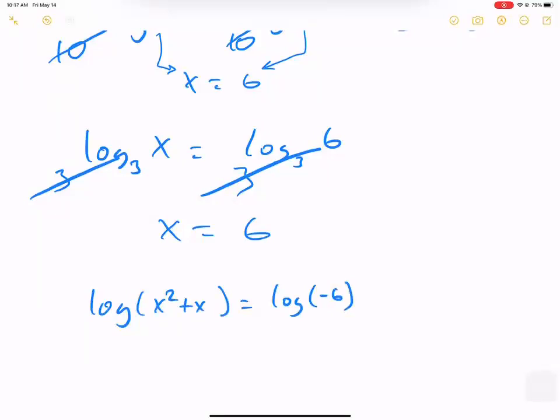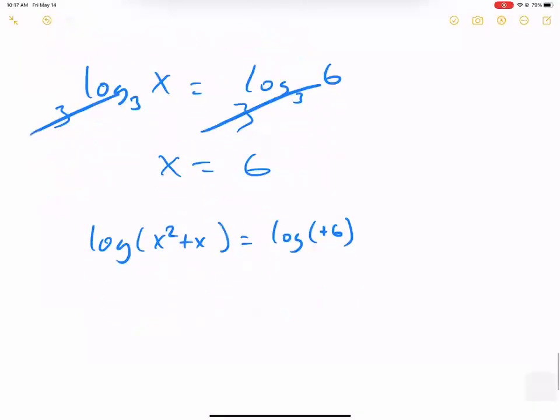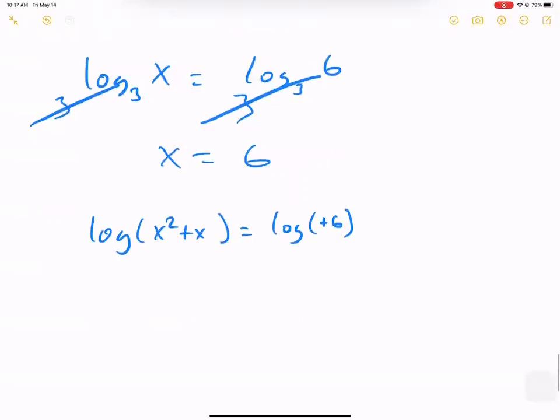Oh no, sorry, positive 6. Sorry, positive 6. Tricky one. Well, this problem is totally impossible for me. Let's go ahead and do base 10 to both sides, clean it up, and we're just re-looking at the inside part.